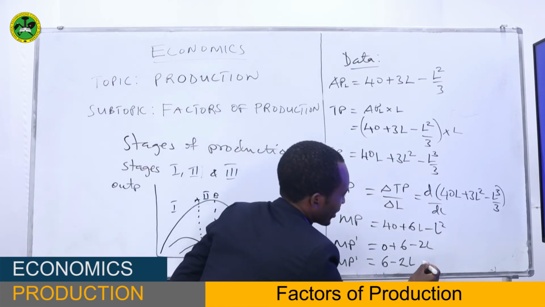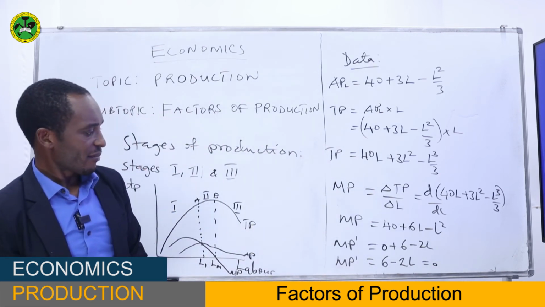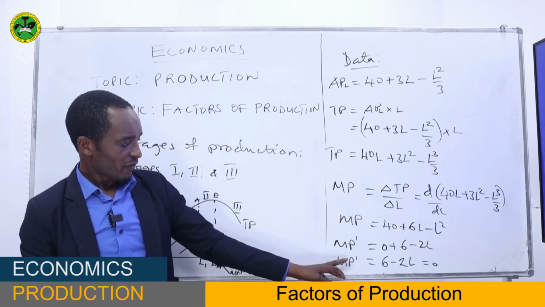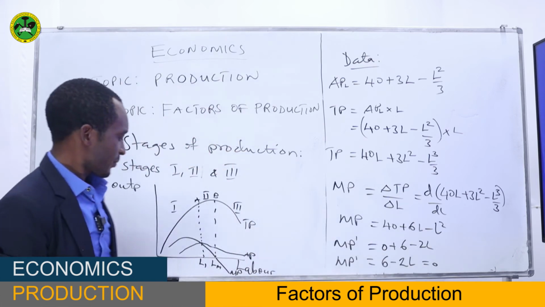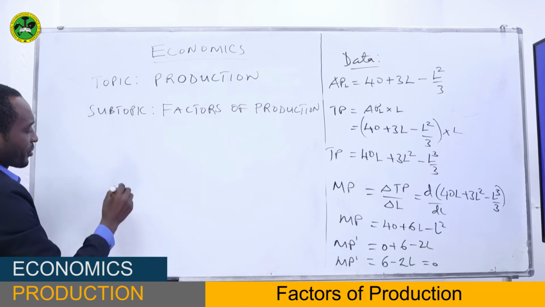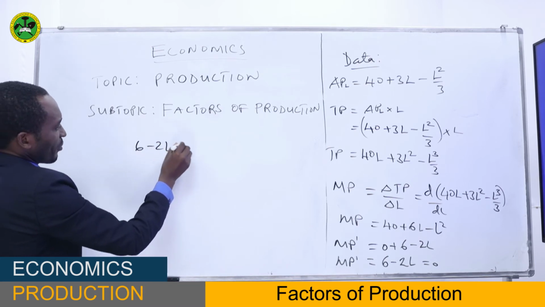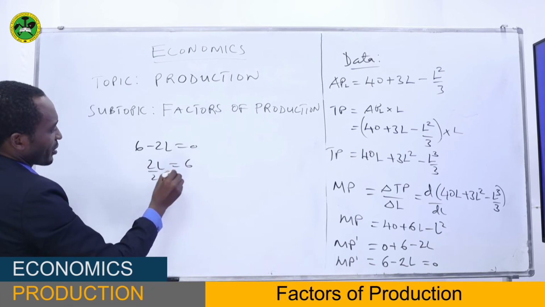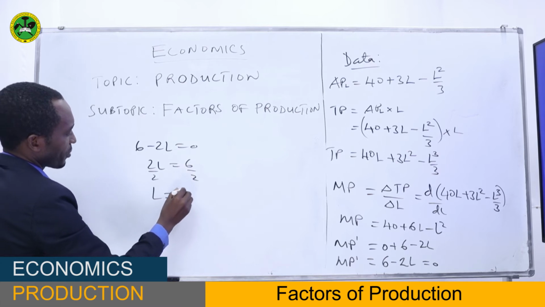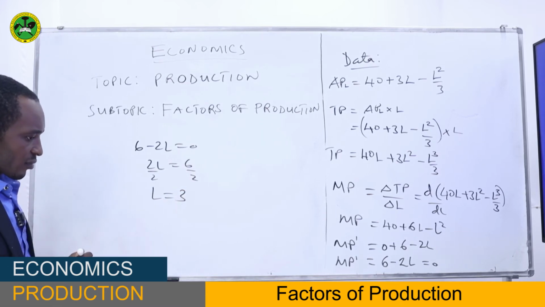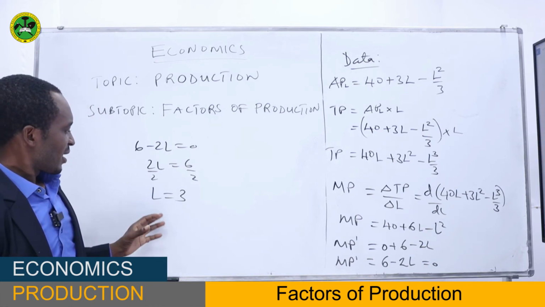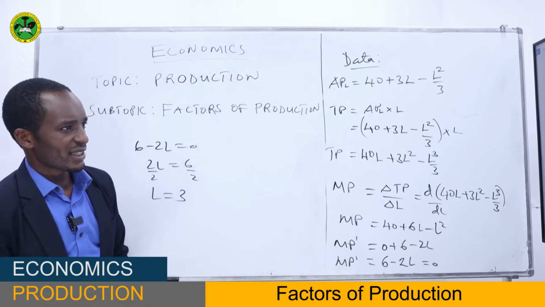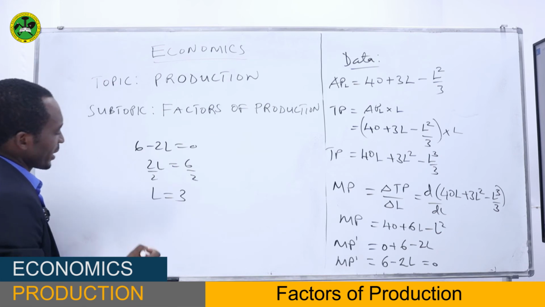When the marginal product is maximum, the differentiation of the marginal product will be equal to 0. So 6 minus 2L equals 0, 2L will be equal to 6, divide by 2, L will be equal to 3. So the amount of labor when the law of diminishing returns starts to operate will be equal to 3.